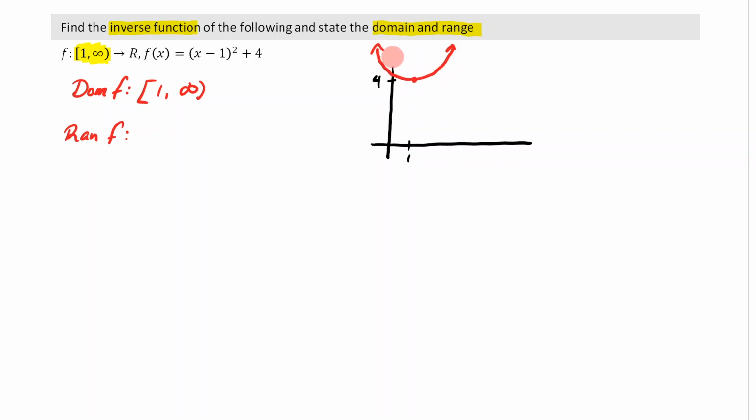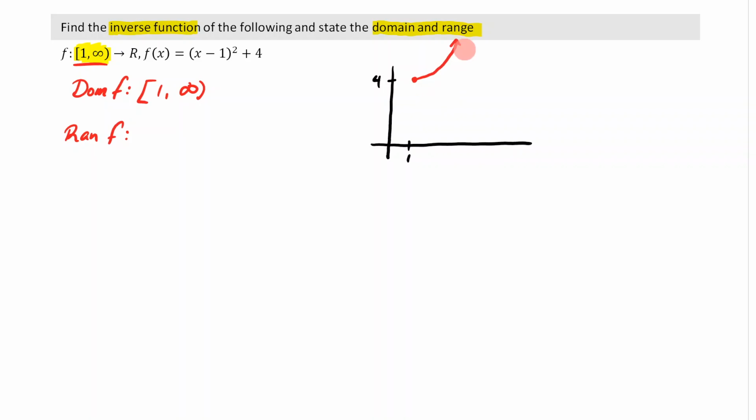But this is where we need to be careful, because as you can see, we have this restricted domain, which means my graph only exists from 1 to infinity, where here's 1 and then infinity is that way. So that means this part of the graph doesn't exist. We only care about this branch. That's the only thing we care about.